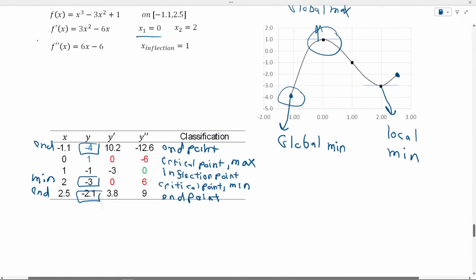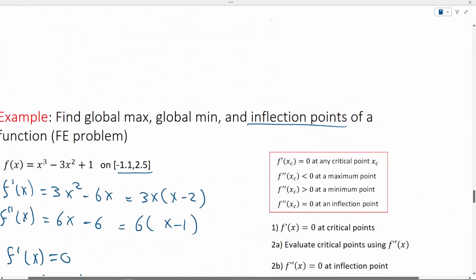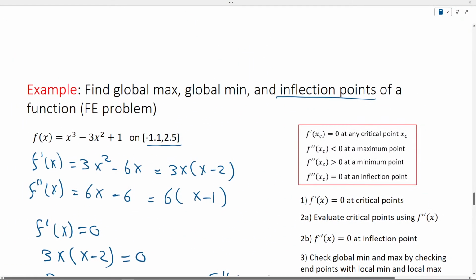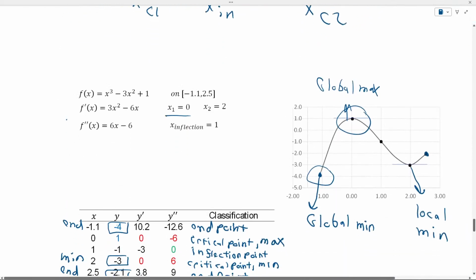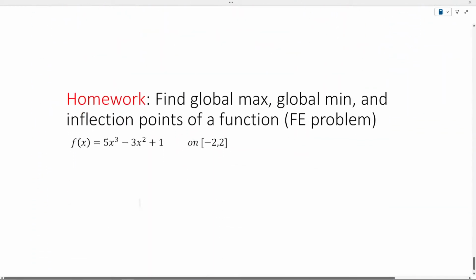It is the same as this problem, except that the range is from negative 1.1 to 2.5. It's the same problem, but here it is a different range. And again, the whole idea of this course is that you practice basic conceptual understanding and fundamental skills.